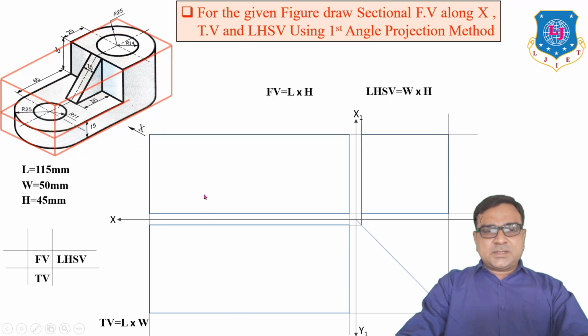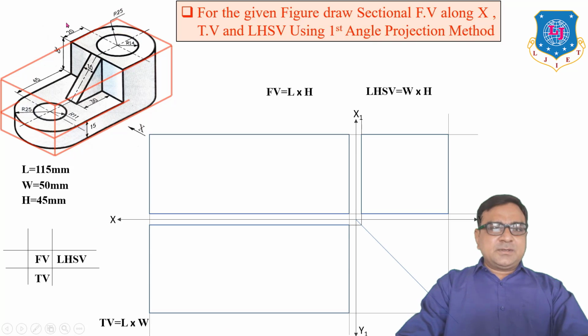These are the blocks for front view, top view and left hand side view. Front view is a rectangle of length and height, top view length and width, and left hand side view is width, 50 mm, and height 45.